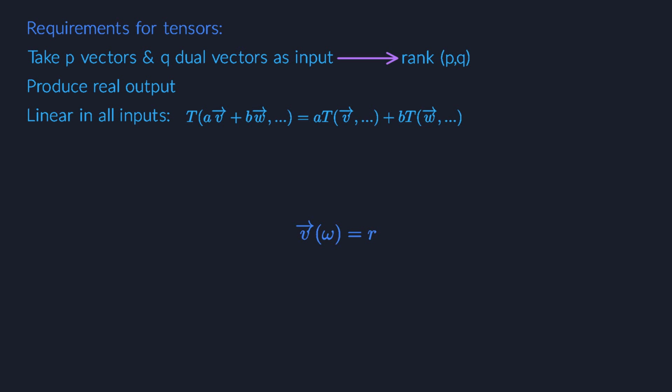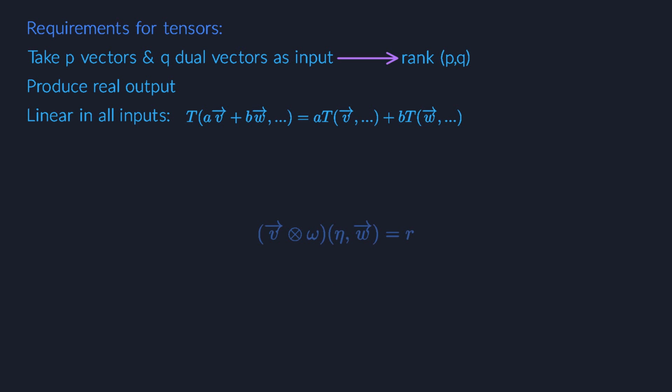A traditional vector can be treated as a linear function that takes a single one-form and turns it into a real number. So vectors would be tensors of rank 0, 1. Once again, we can look at a vector as a passive object or an active function, depending on the context.